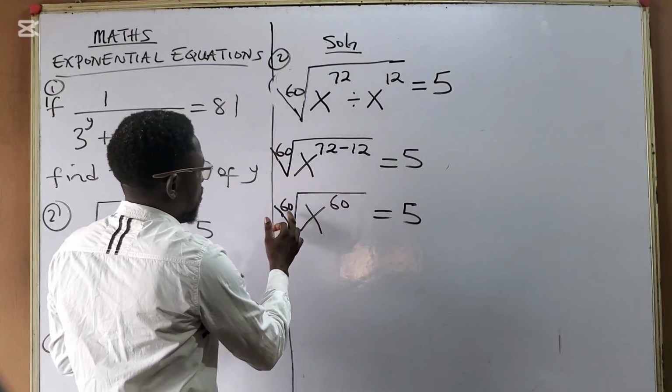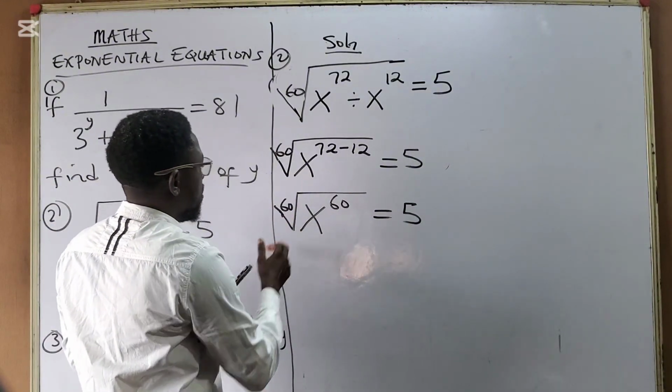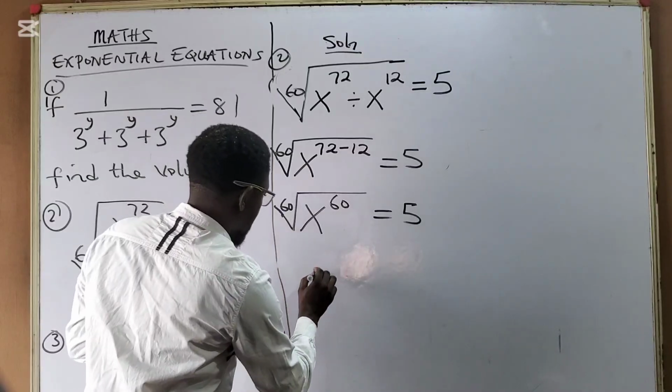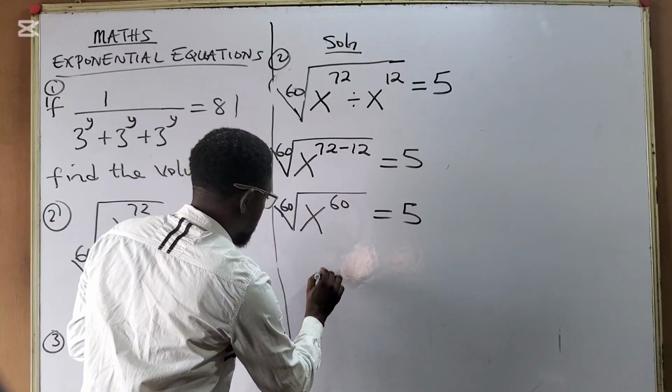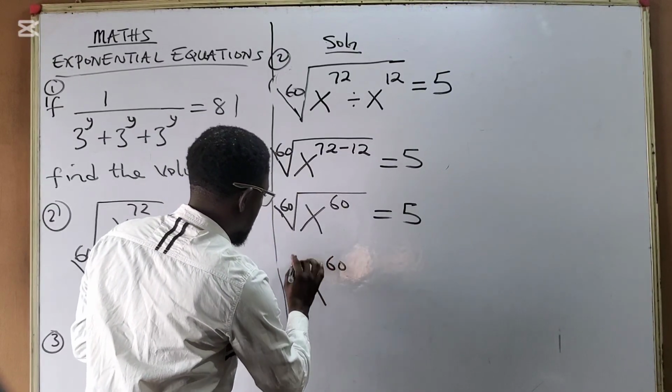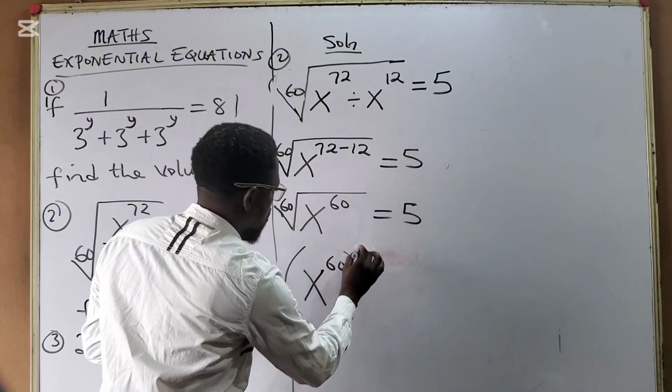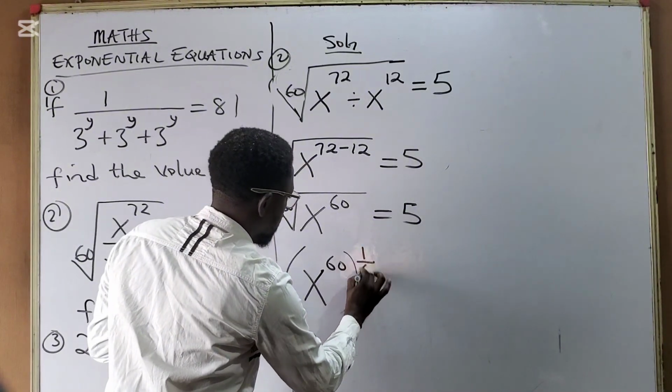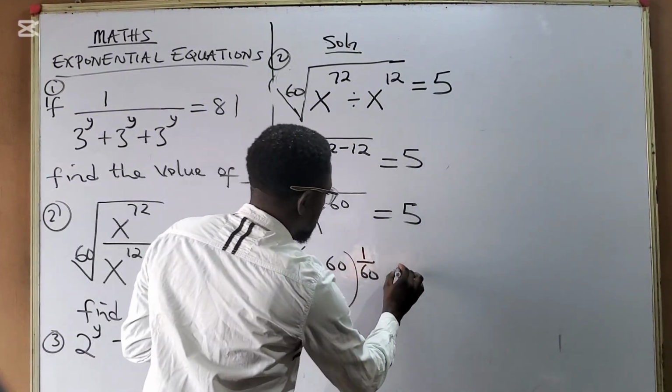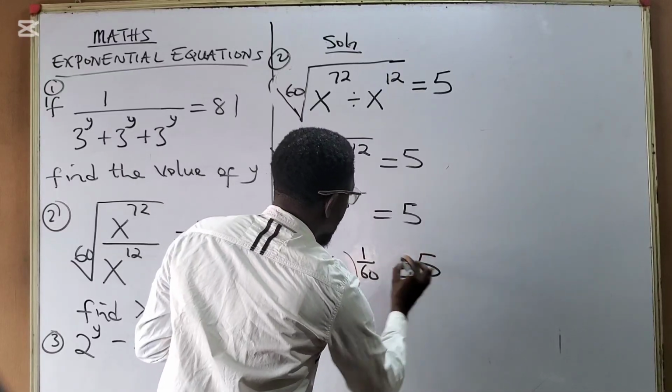So now, remove this one. I'll write this whole thing as x raised to the power 60, brackets, 1 over 60, that is equal to what? 5.